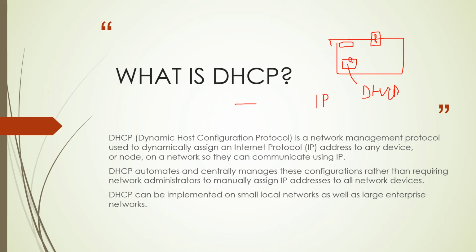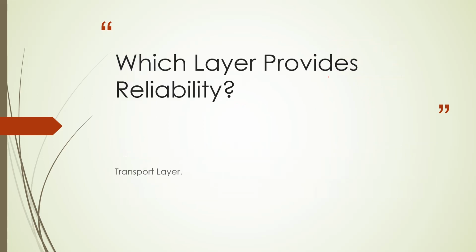When it is implemented, the different computers in this network, suppose there are mobiles also, this protocol will give the IP to all the networking devices in this network. So this was the use of DHCP, and it enhances the performance in the internet.